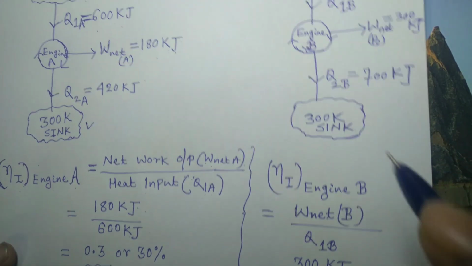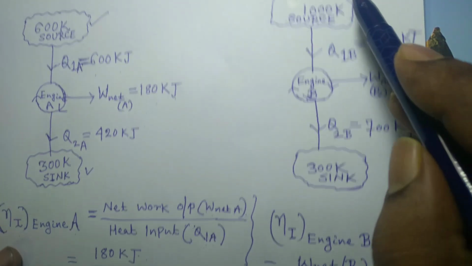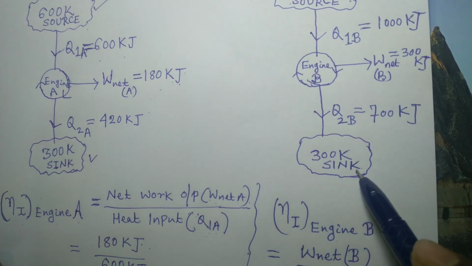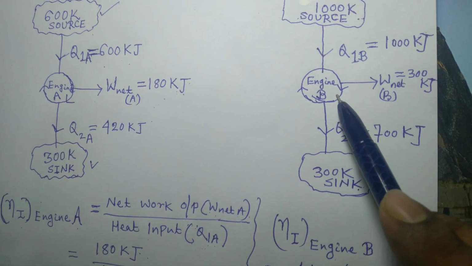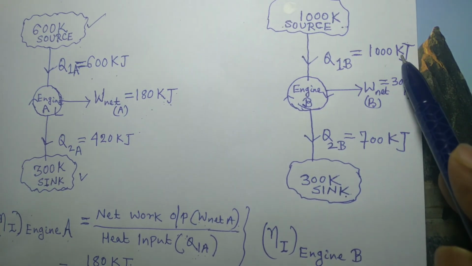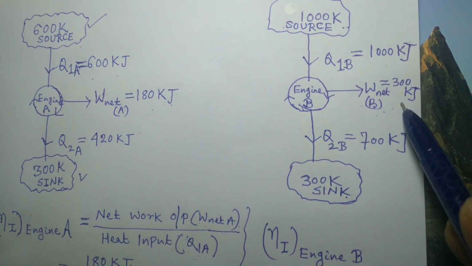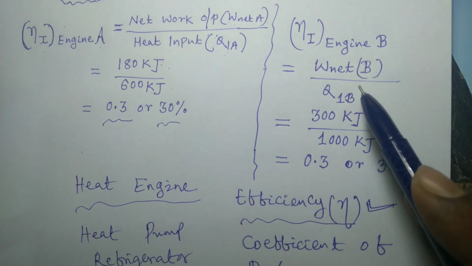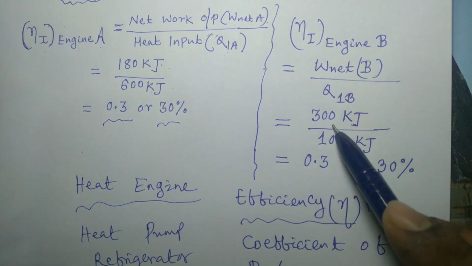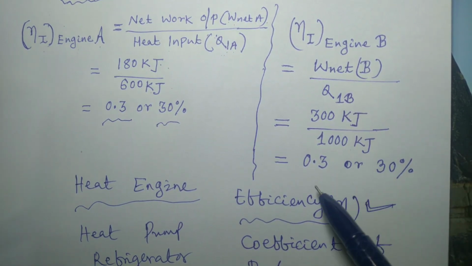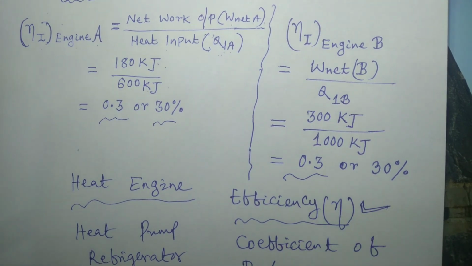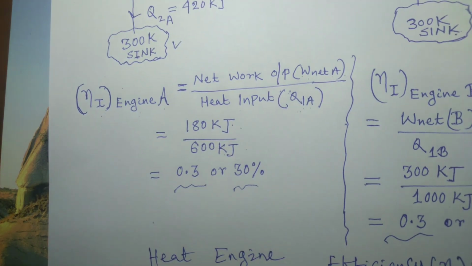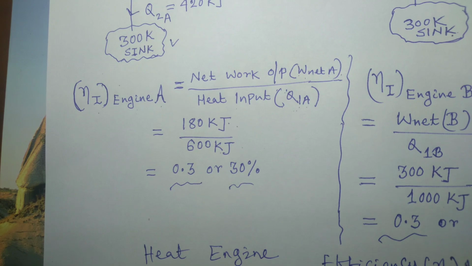Similarly, for engine B, source temperature is, suppose, 1000 Kelvin and sink temperature is 300 Kelvin, and the heat supplied is 1000 kilojoule and it produces net work output of 300 kilojoule. Then efficiency will be net work output divided by heat supplied. This is also 300 by 1000, that is 0.3 or 30%. You see, both engine A and engine B have the same thermal efficiency.